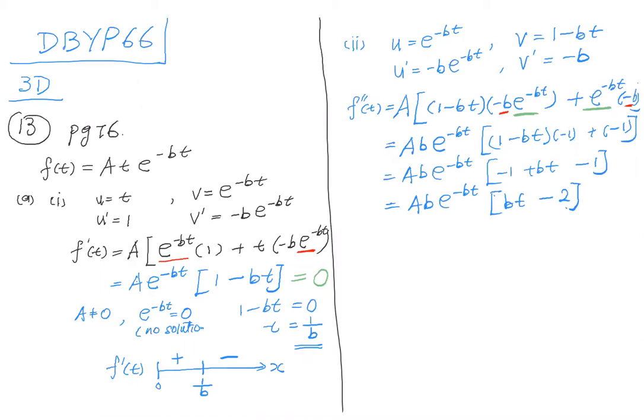So they say that at a point of inflection, inflection point means f double prime must be equal to 0. So write down the same thing. A cannot be 0, B cannot be 0, e to the power negative bt equal to 0 is impossible.